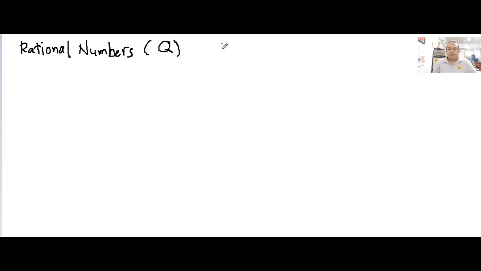I think this is probably because Q means quotient. Quotient refers to fractions. Or you could also notice that the root word here is ratio. So ratio means fractions also. So you can tell that rational numbers have something to do with fractions. So basically, all numbers that can be expressed as fractions could be classified as a rational number.